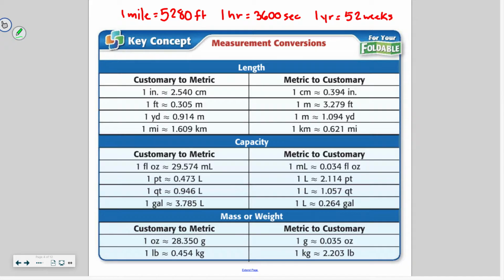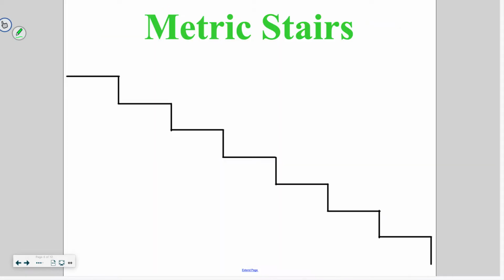When you get your sheet in class, you're going to want to add these 3 values up top to help you out. Another thing that we need to remember when converting units is the metric stairsteps. So remember that this is a way for us to convert within the metric system, and our prefixes are kilo, hecto, deca.